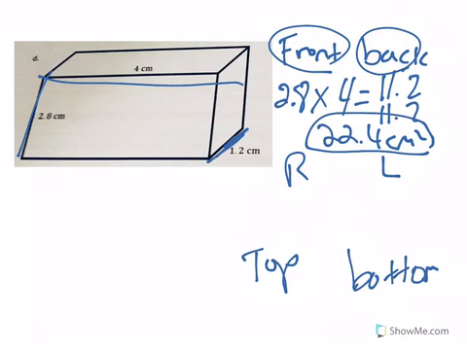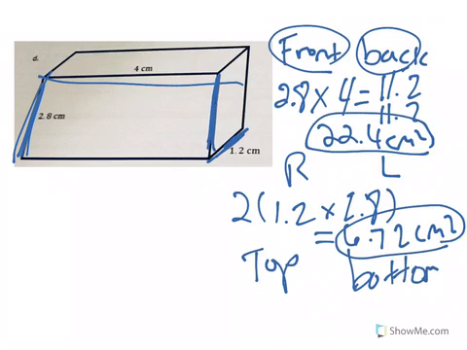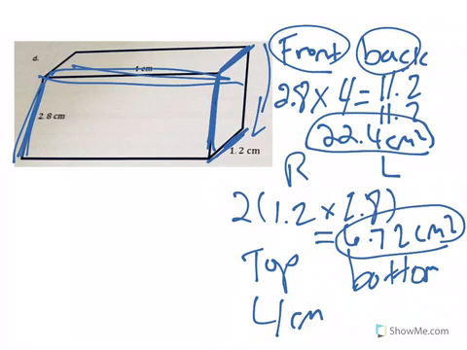For the side, I know that this is 1.2 times this angle, which is the same as 2.8, right? So 1.2 times 2.8, and I'm going to have 2 of those because obviously we have a right side and a left side. And so that's going to give me 6.72 centimeters squared. So that's the right and left side. And then the top, we have 4 centimeters times this side, which is the same as down here, which is 1.2.